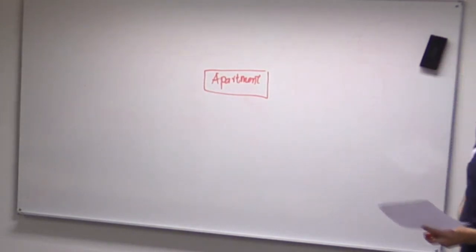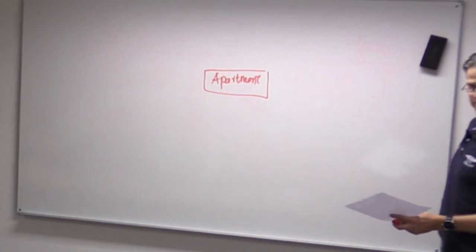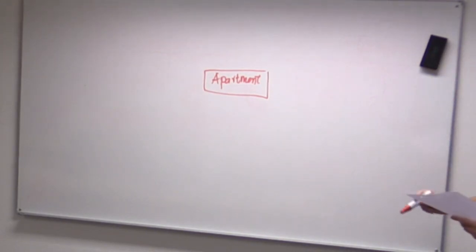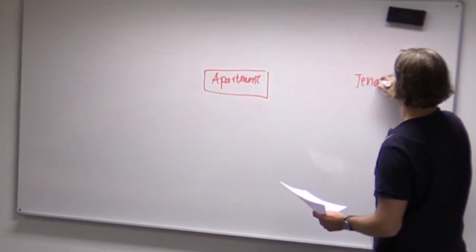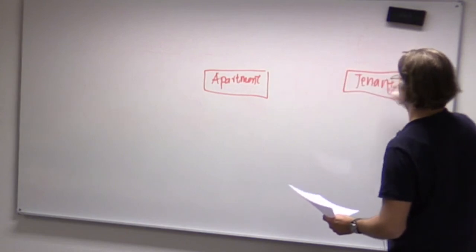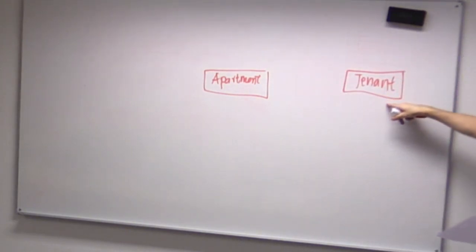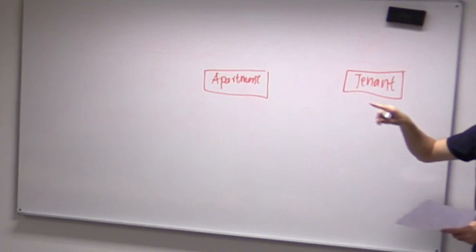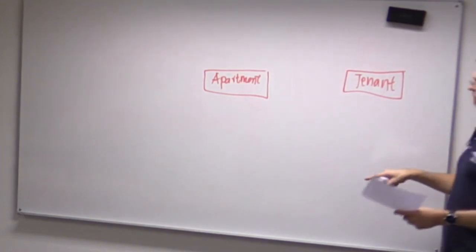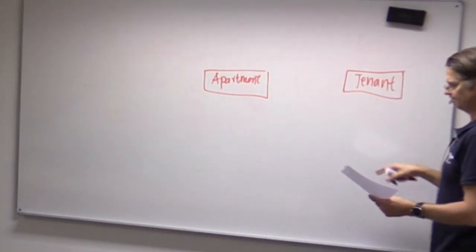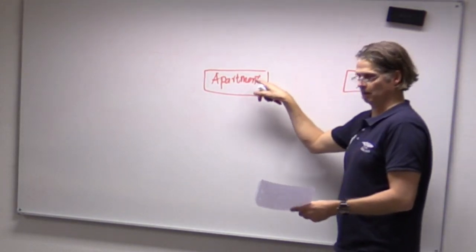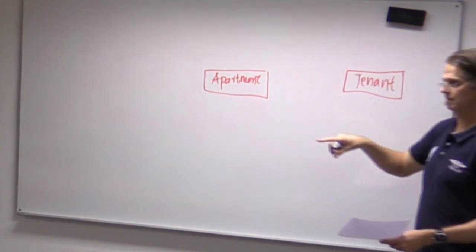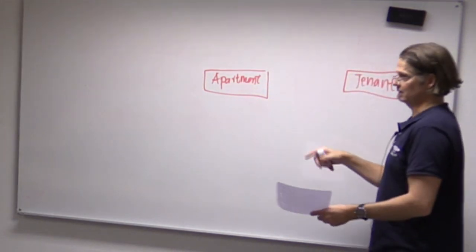We had that apartment entity. That was something that we wanted to rent to people. And we used the word tenant. A tenant is someone who is wanting to rent an apartment. So a tenant might actually be renting several apartments. Right or wrong?